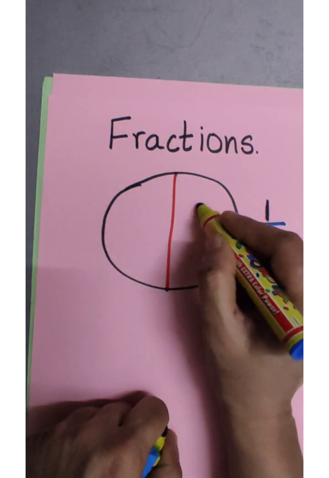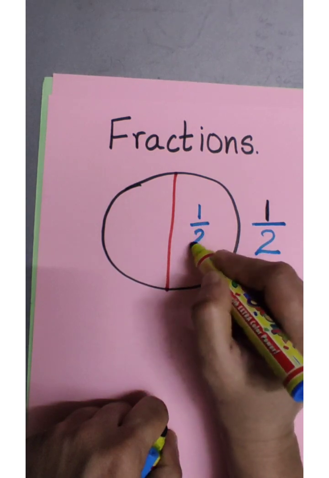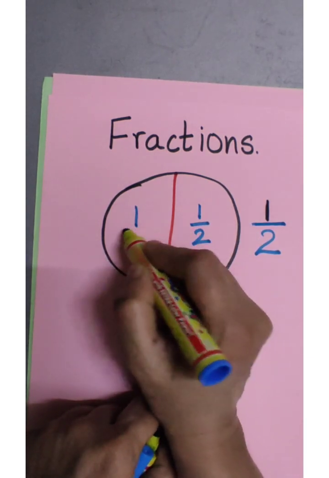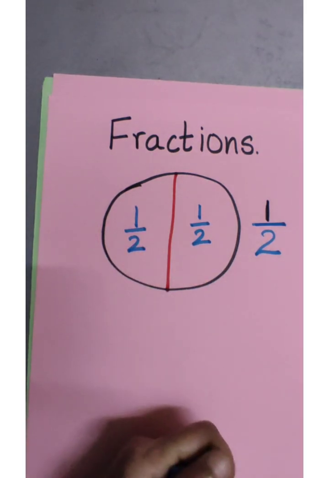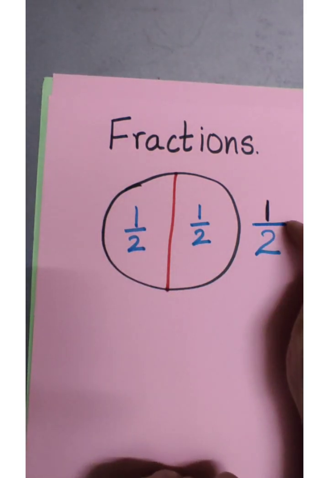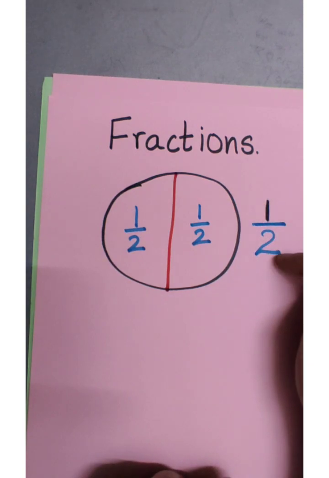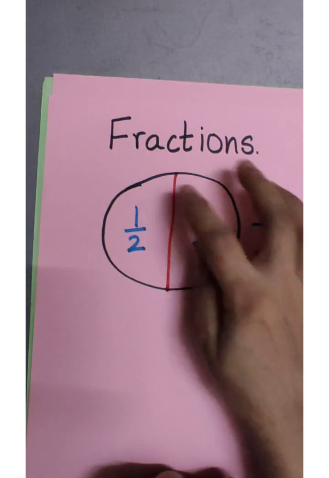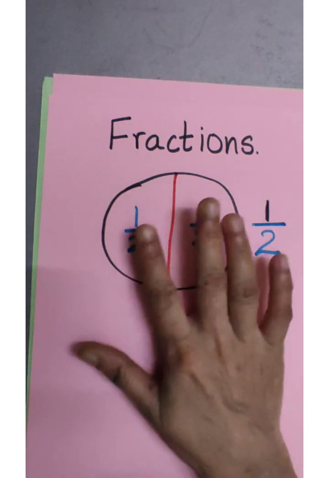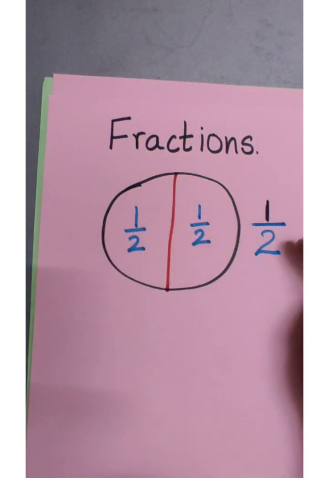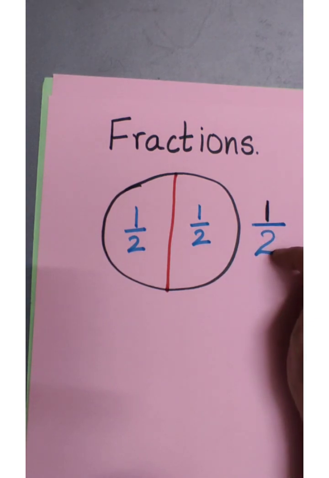So one piece is 1 upon 2. The other piece is also 1 upon 2. So you read the fraction as half. 1 upon 2 is also called half. You have made 2 equal halves. So one piece is 1 half, the other piece is the other half. Your fraction formed is 1 upon 2.